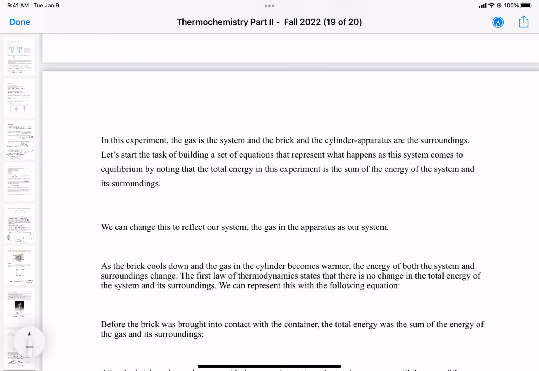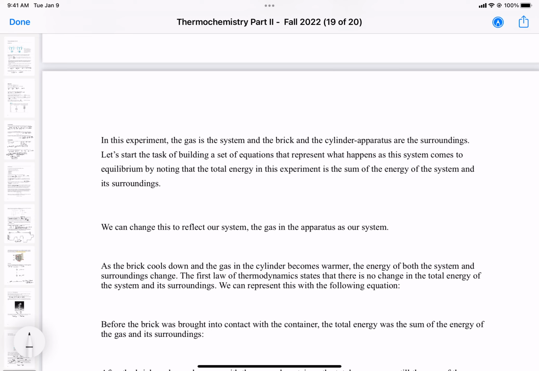And everything else outside of our system is the surroundings. Okay. So now let's start talking about building a set of equations that represents the reality of what's happening as the system comes to thermal equilibrium.